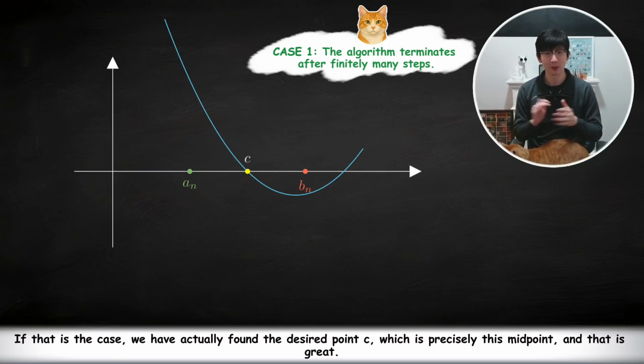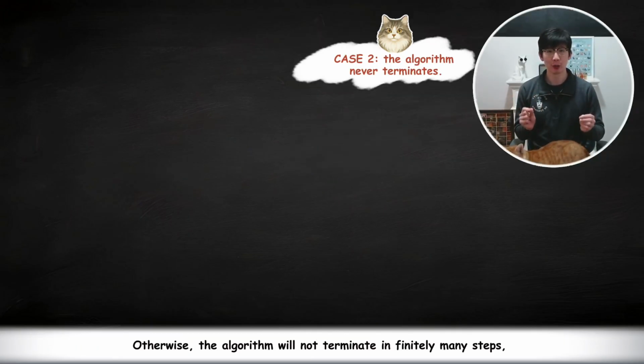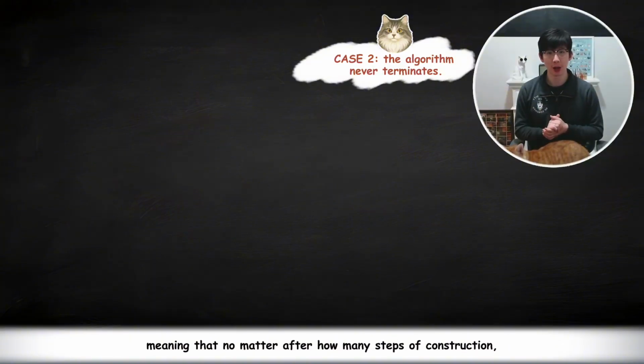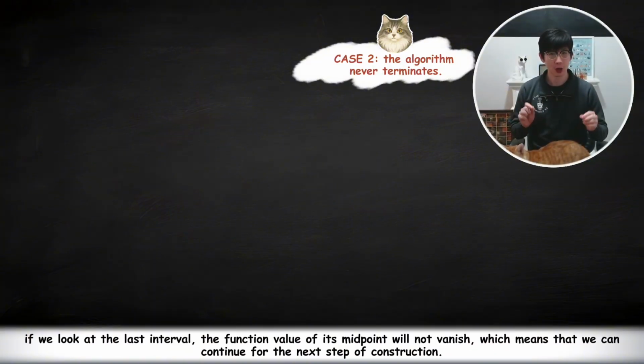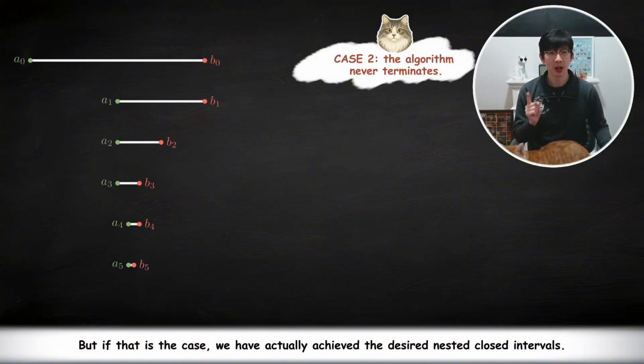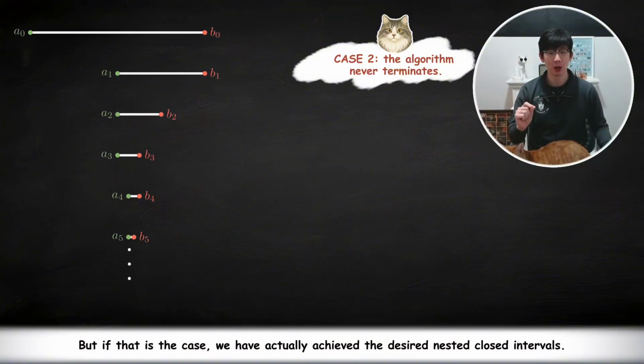And that is great. Otherwise, the algorithm will not terminate in finitely many steps, meaning that no matter after how many steps of construction, if we look at the last interval, the function value of its midpoint will not vanish, which means that we can continue for the next step of construction. But if that is the case, we have actually achieved the desired nested closed intervals.